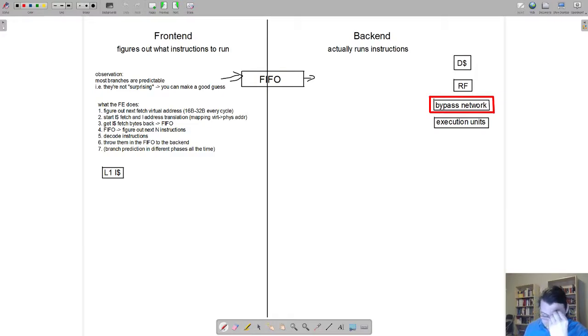So that sort of stuff is happening. If you're still in a basic in-order pipe, it's not as much of an issue. So it's not as critical here yet. But we gotta be careful here.